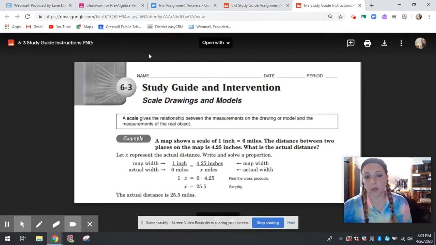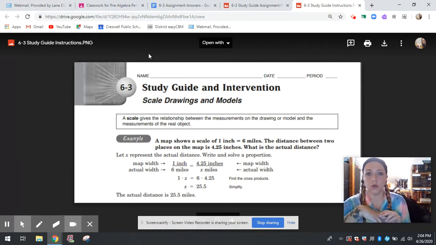So if you're looking at a map, you're seeing where things are in relation to each other proportionally, but obviously on the map it just looks like a distance of an inch, but in real life that's actually several miles from where you're camping to the hike that you're going to take or the store or whatever.